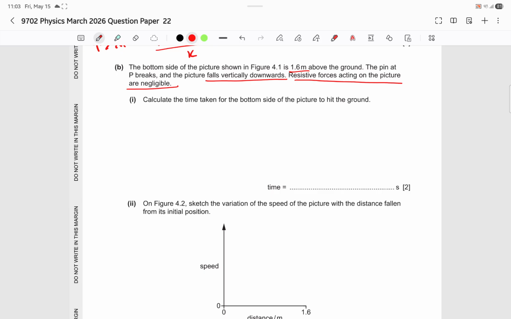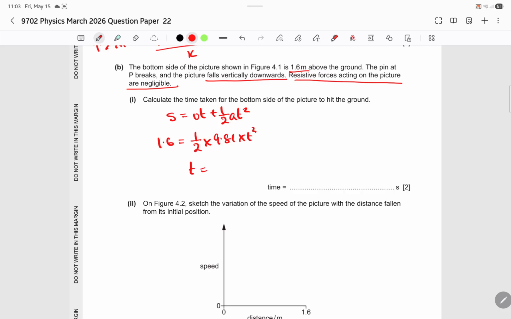Okay, so this is a kinematics question. We can use s equals ut plus half a t squared. Distance is 1.6. It falls from rest, hence initial velocity is going to be 0, and we are left with half into 9.81 into t squared.